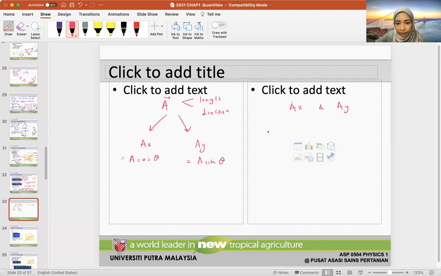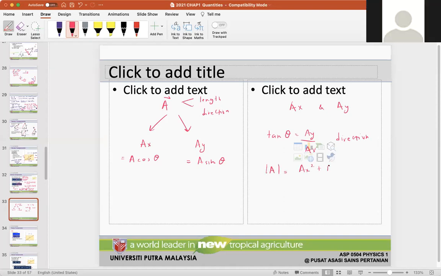So to do that, tangent theta equals to AY over AX. This will give you the direction. And then for the magnitude, A is the square root of AX squared plus AY squared. So my final answer will be A vector is length, whatever, and the direction is angle, blah, blah, blah, with respect to the x-axis.